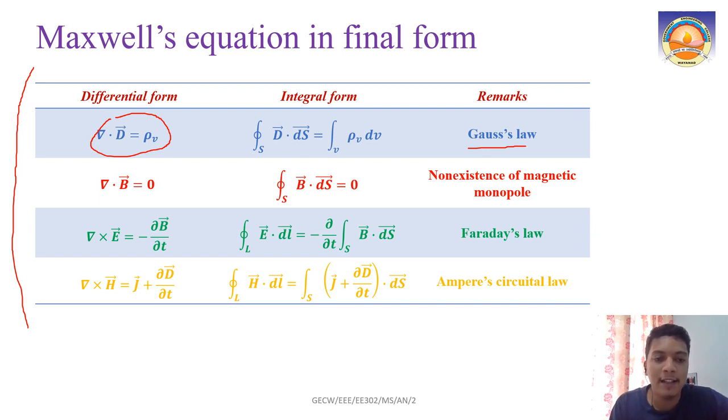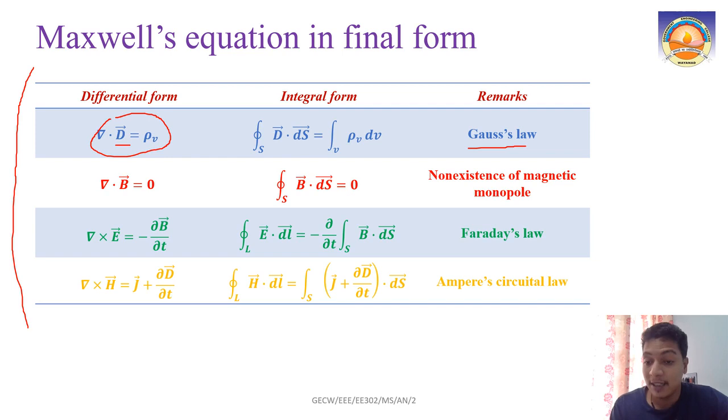We can define the flux density at a particular point, and that is why these are called point form. Integral form usually is for a particular surface or particular volume or a particular loop. So it is defined that way.